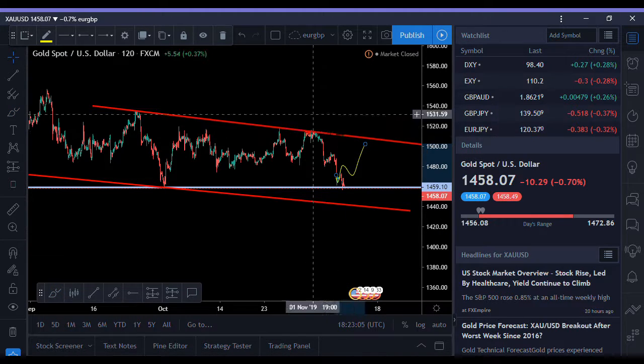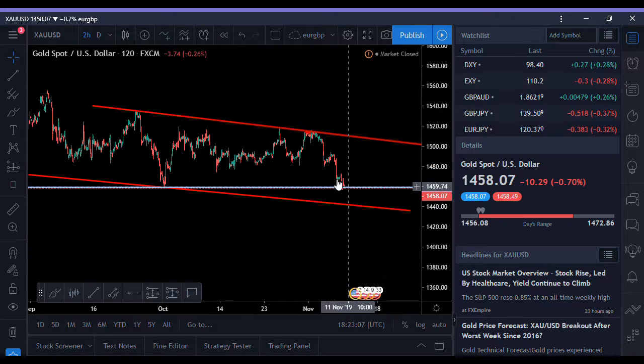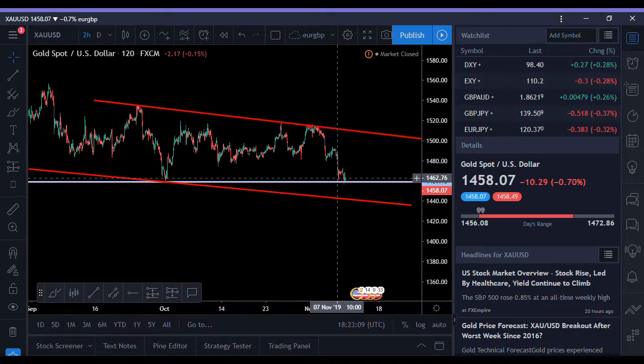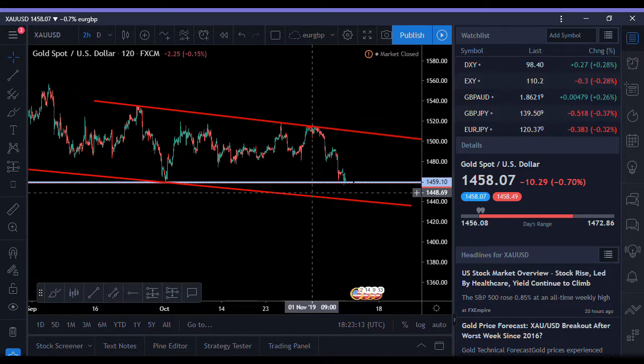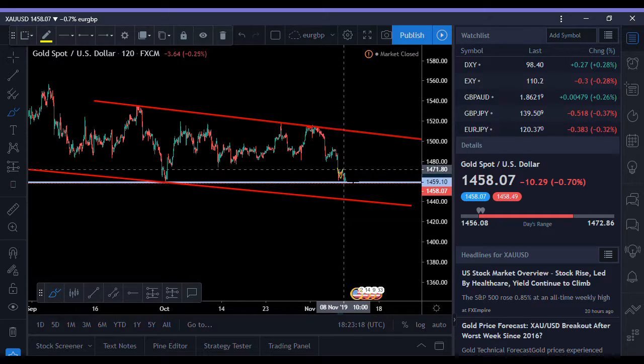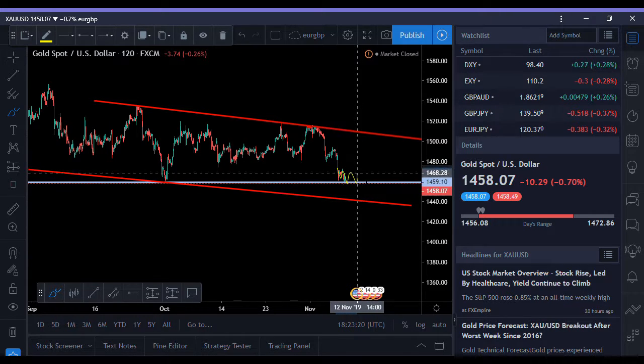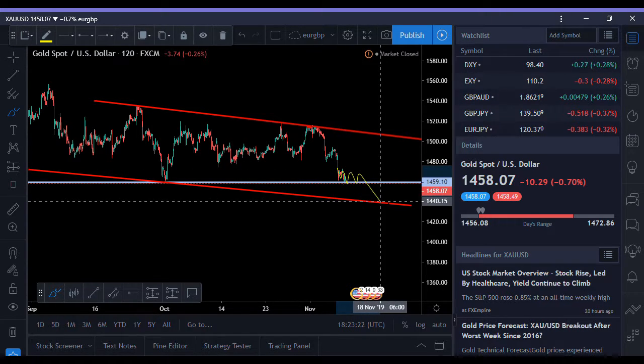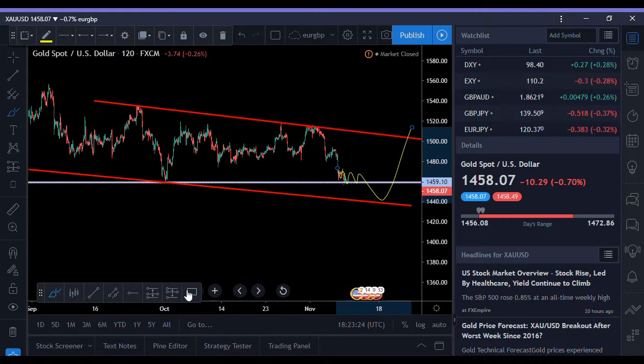What it did is shoot to the downside, then while it was correcting to the downside, it corrected, as you can see. So pretty much this is the movement that I'm actually looking for. Then from there we can actually shoot back to the upside.